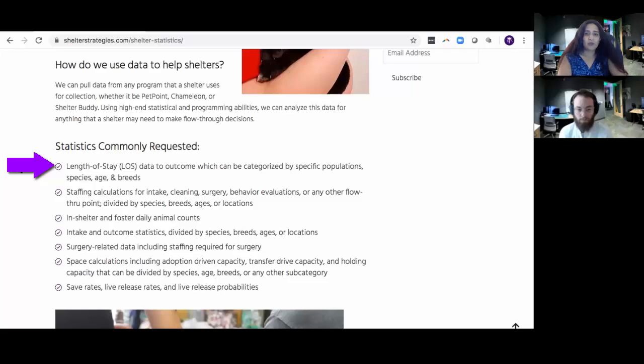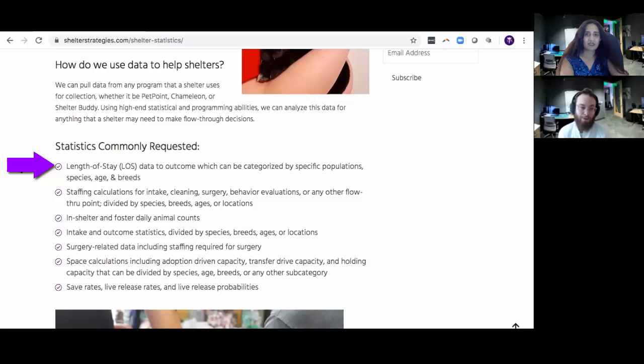And so as we start looking at length of stay to outcome data, it will help us find any roadblocks that we may have in our processes that are holding up animals in our system. And when we break that length of stay calculation down into the specific populations, the species, age, and breeds, we're able to track those length of stay more specifically to those populations.